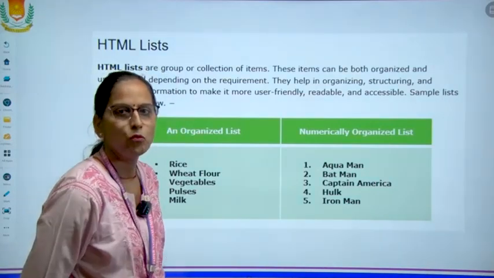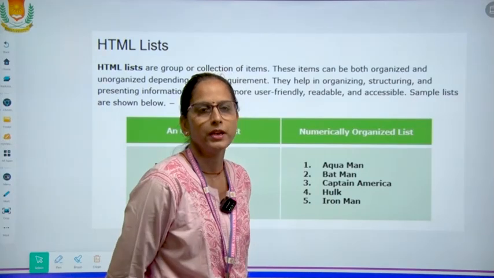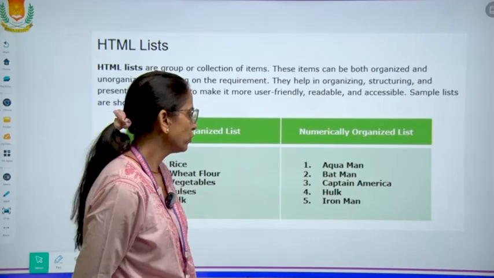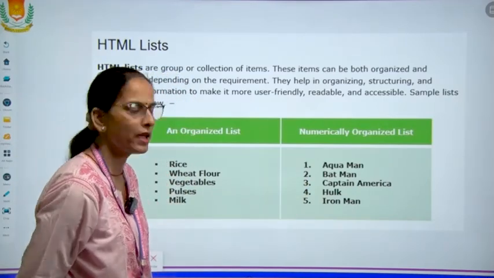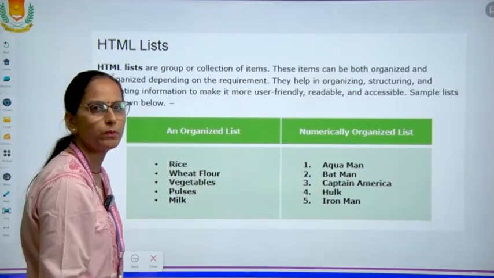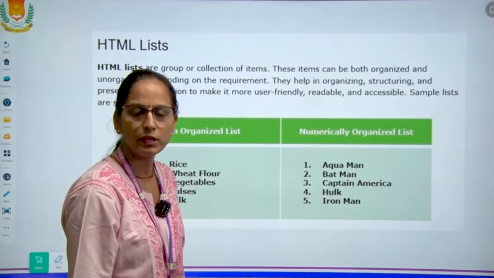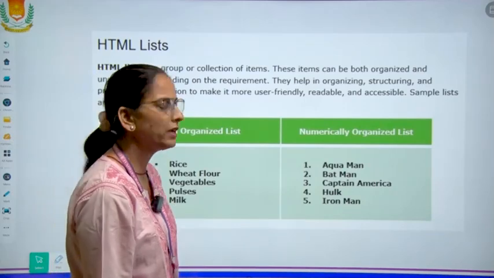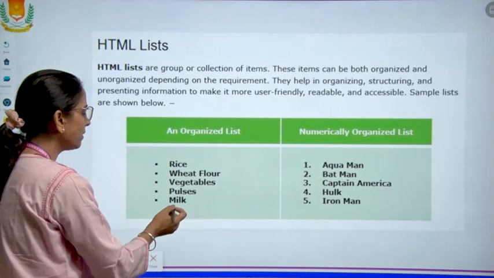Now moving on to the next topic, listing in HTML. These are different ways to display your text. Here we have 2 types of lists. This is the bulleted list, an organized way to display and change the appearance of the contents: rice, wheat flour, vegetables, pulses and milk.